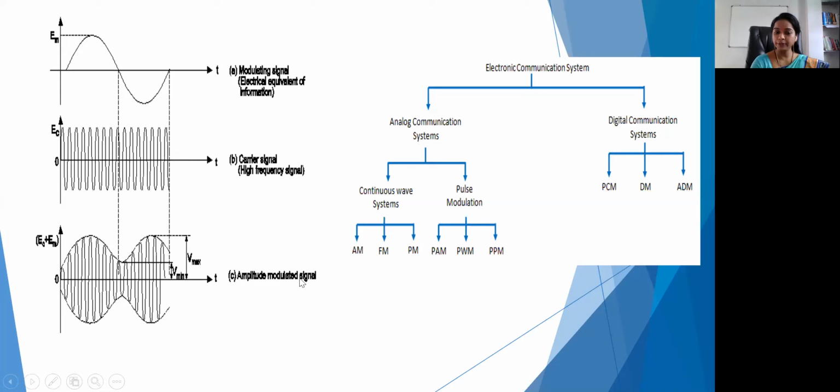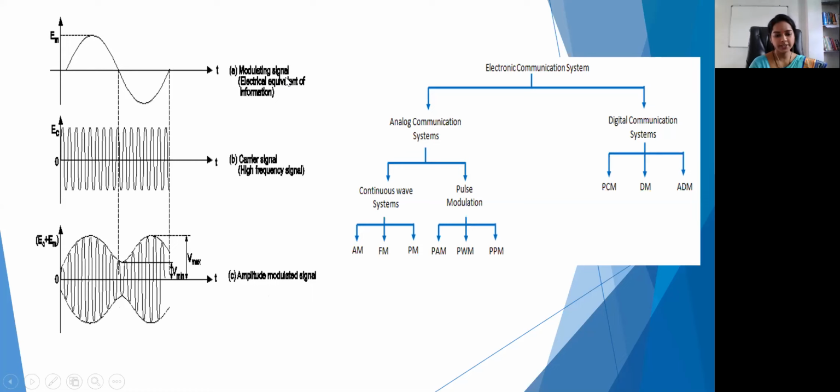Here, what is the wave? This is an amplitude modulated signal. Amplitude modulated signal means what? Amplitude is being modified according to the modulating signal. Don't be confused between modulating and modulated. The amplitude of this carrier signal is being modified according to the input amplitude of the modulating signal.